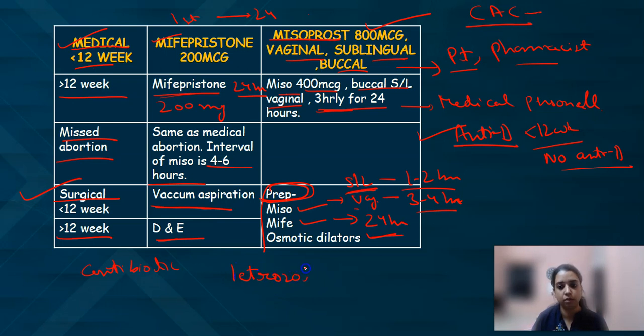I am just telling you because I suspect this question could be asked. Letrozole with misoprostol after 3 days is another method for medical abortion. This was also recently updated in 2022. Kindly copy this table, as I have collected all the information from this new guideline in one place.